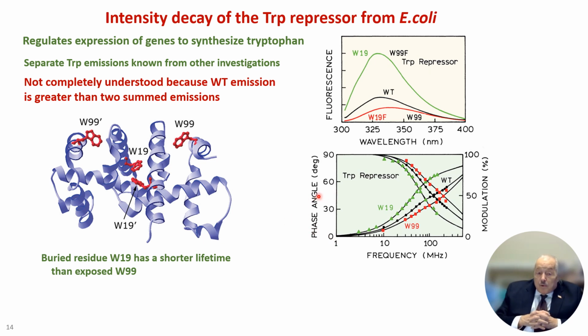If you do a lot of work in some proteins, you can understand where the tryptophan emission comes from. So this is a TRP repressor, and as we indicated in the previous lecture, the TRP repressor turns off all of the genes associated with making tryptophan because it's energetically expensive to make tryptophan.